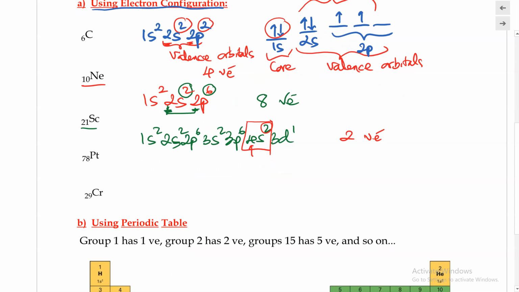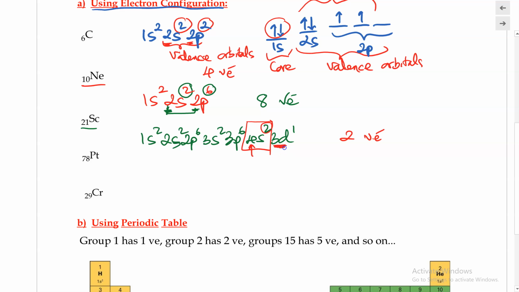Okay, and so basically the valence electron can be considered the electron that is furthest away from the nucleus. So that's what a valence electron would be. And in order for them to be the furthest from the nucleus, they need to be located in the higher principal shell. Now, the 3d in this case is being filled after the 4s.